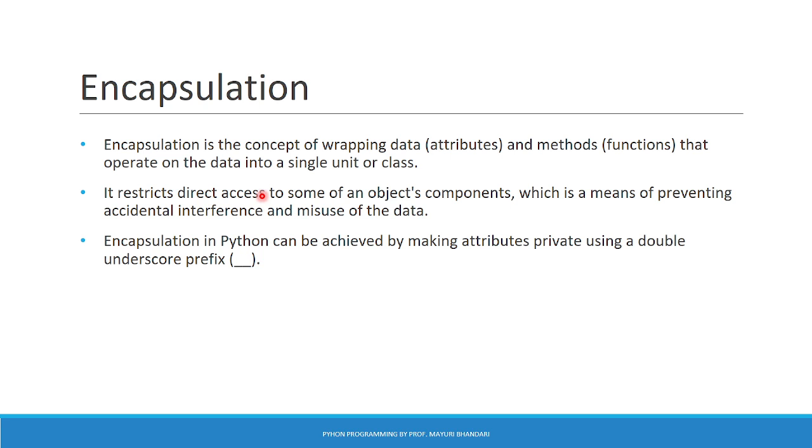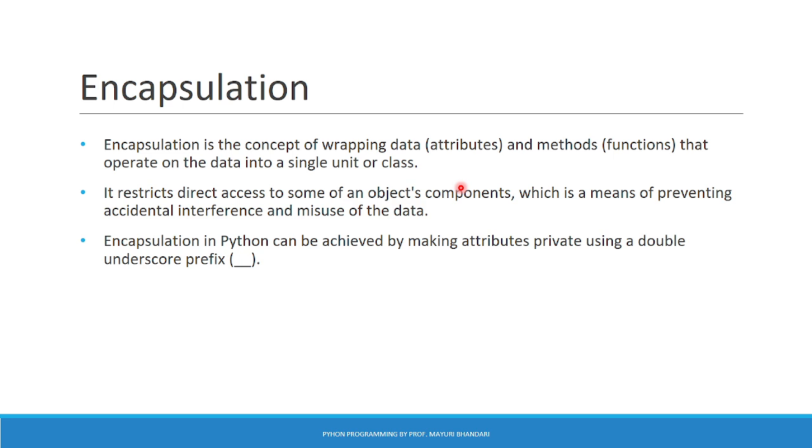Now next we have encapsulation. As you know, encapsulation is the concept of wrapping up the data of a class. The data of a class is nothing but the attributes and methods, right? Properties and methods. So we are wrapping up the data, along with the methods which operate on that data, into a single unit or class.